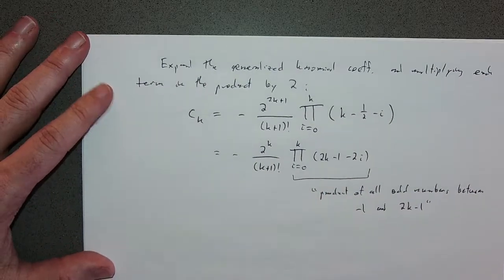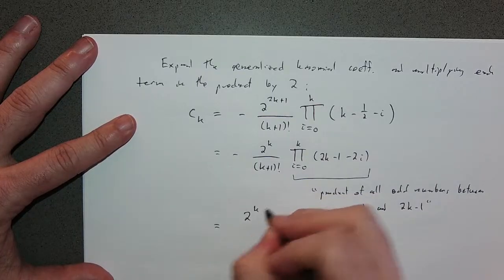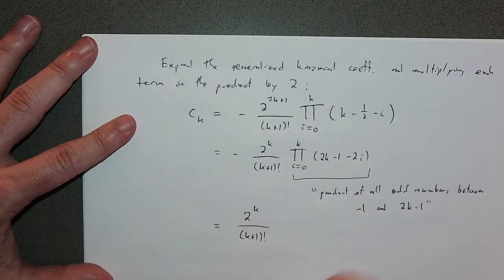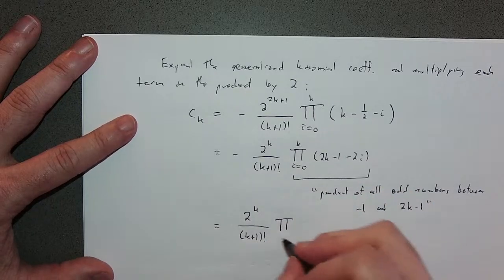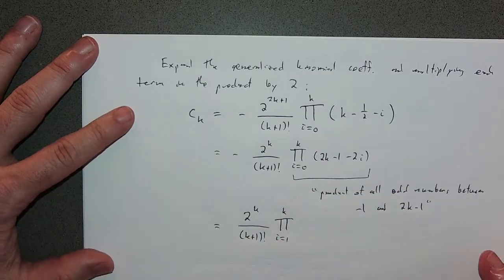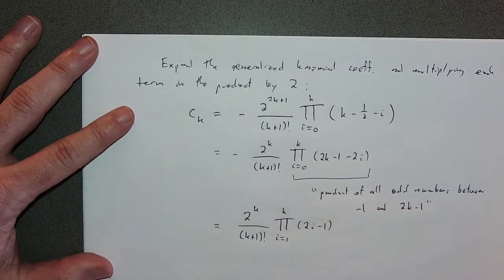Think about why that is. So then this is 2 to the k over k plus 1 factorial times the product starting at 1, ending at k of 2i minus 1.